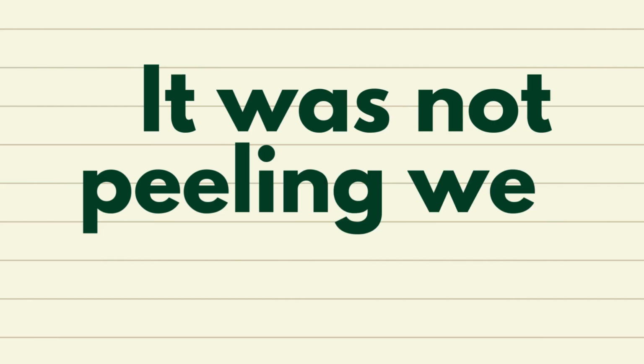The next sentence is, it was not peeling well. Let's write it down. So we're going to start with it. We're going to write an I, then a T. Next word is was.